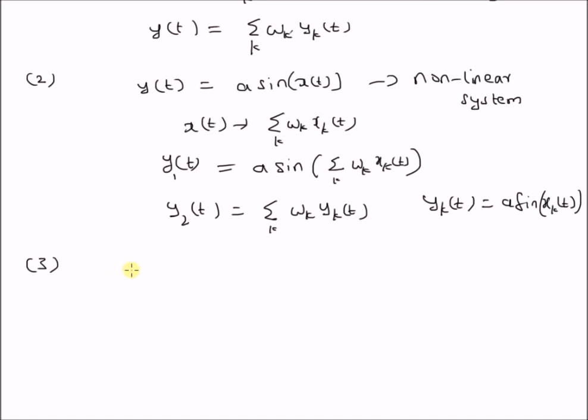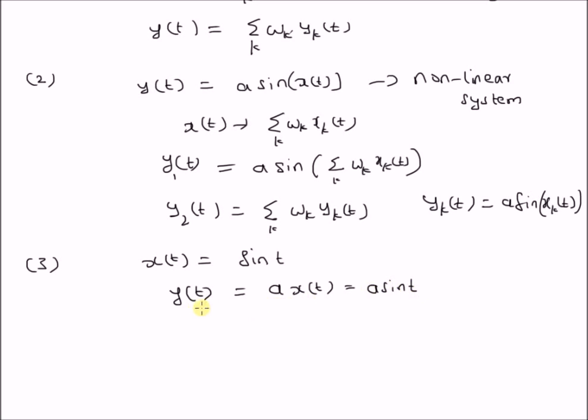However, note that the input x of t may be equal to sine of t, which is a non-linear function of t, and the output has the following structure: y of t is equal to a times x of t, which is equal to a times sine of t, and this is a nonlinear function of t.